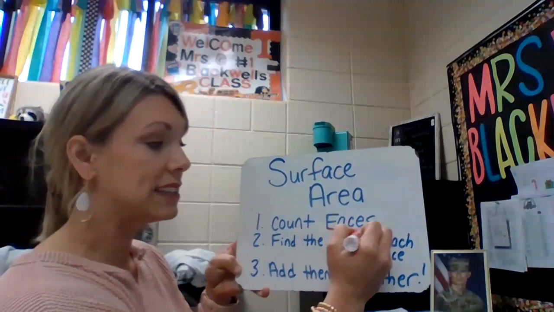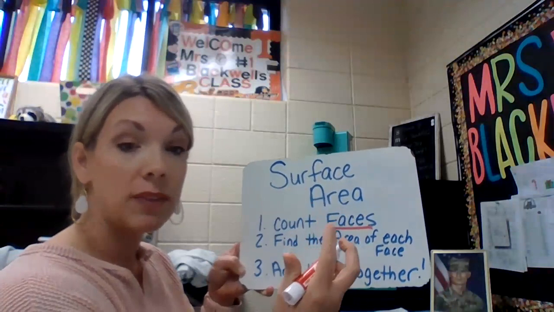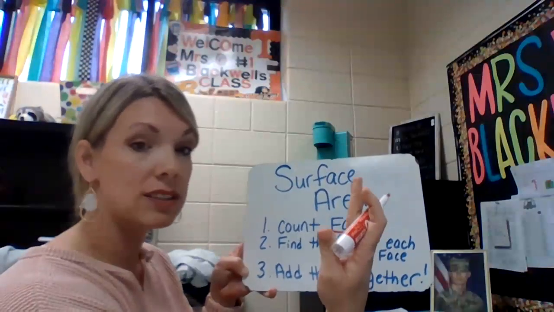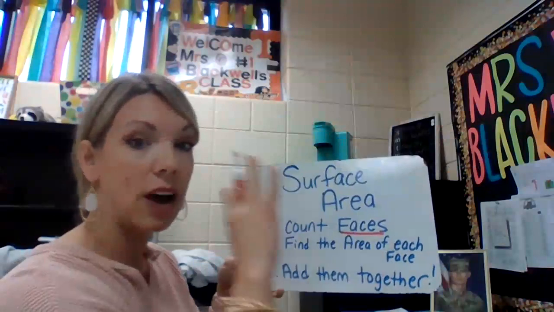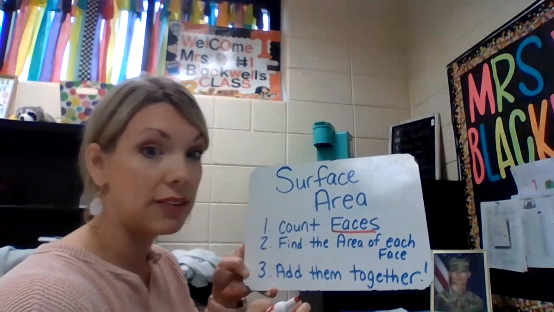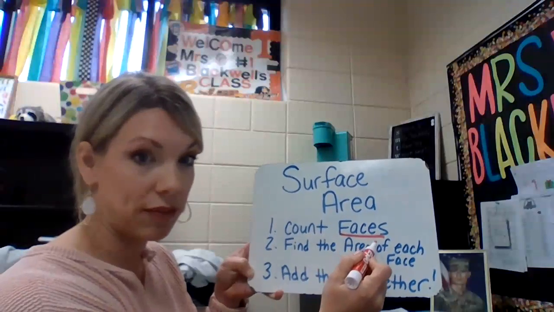Now, faces are the flat outside edges of a 3D shape that you can color or you can touch. So if you have a box, all of those flat outer edges are called faces. Boxes or cubes always have 6 faces. So count how many faces that you have first.